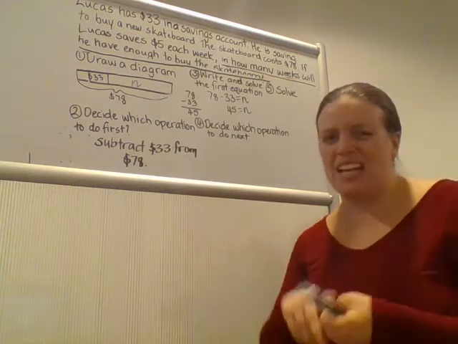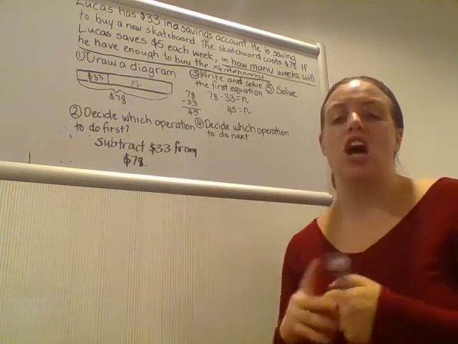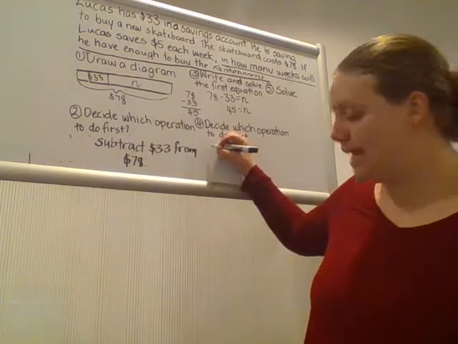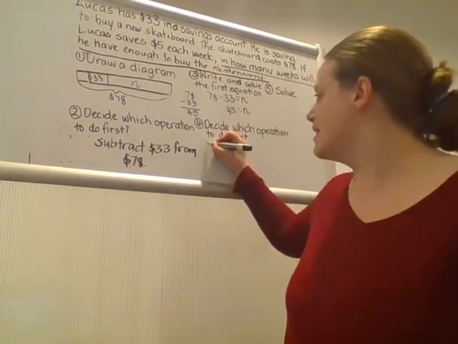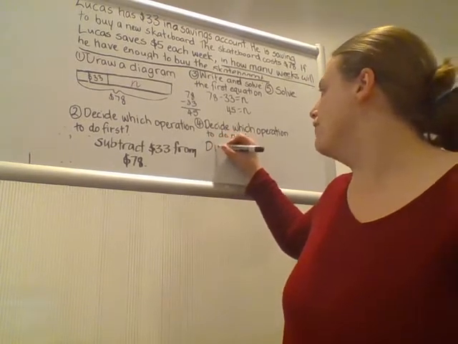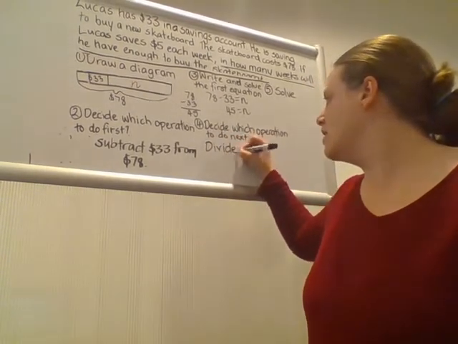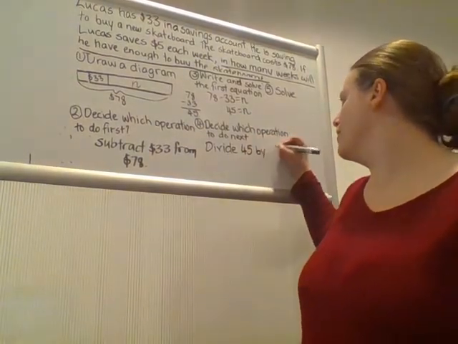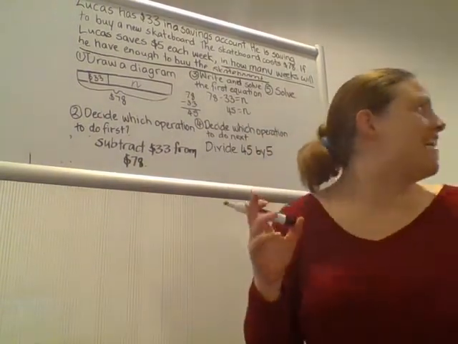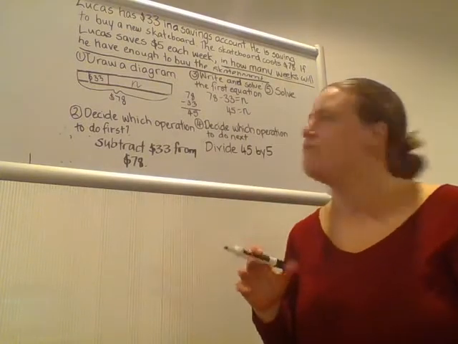And we know that he needs a total of $45. So we need to divide to find the number of weeks it's going to take. So we need to divide 45 by 5.